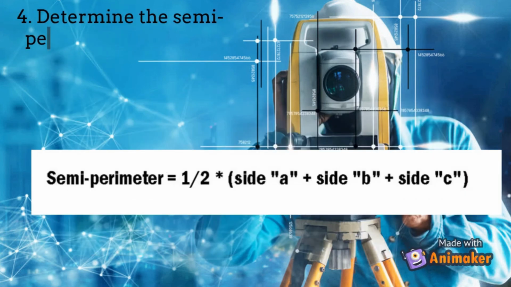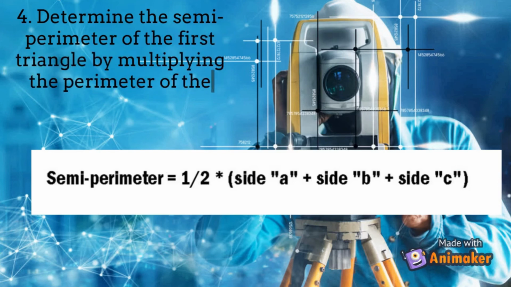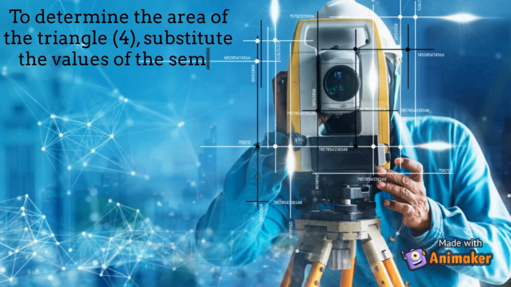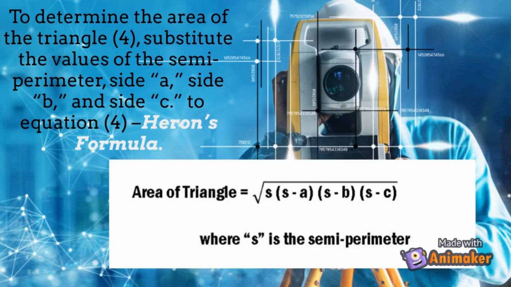Furthermore, determine the semi-perimeter of the first triangle by multiplying the perimeter of the triangle by 1/2. To determine the area of the triangle, substitute the values of the semi-perimeter, side A, side B, and side C to equation 4, Heron's formula.